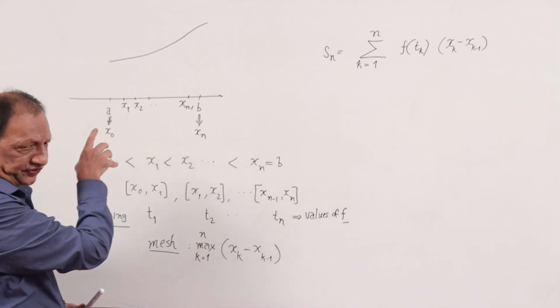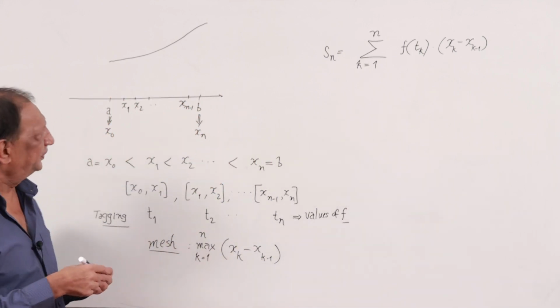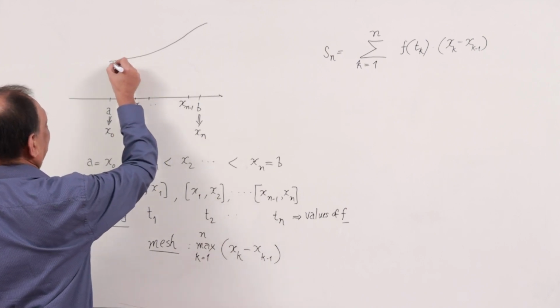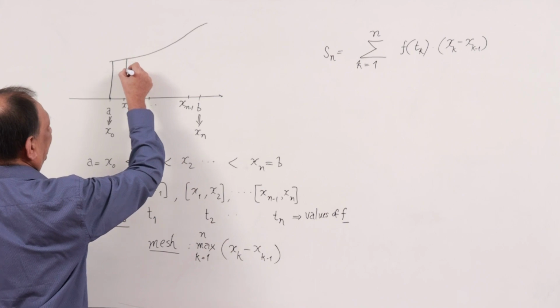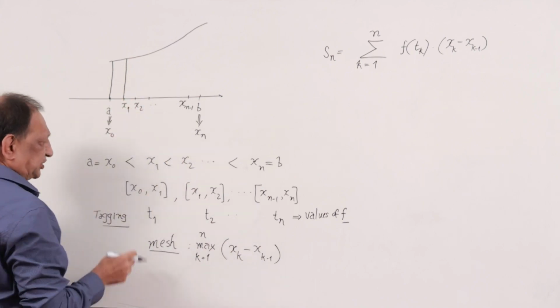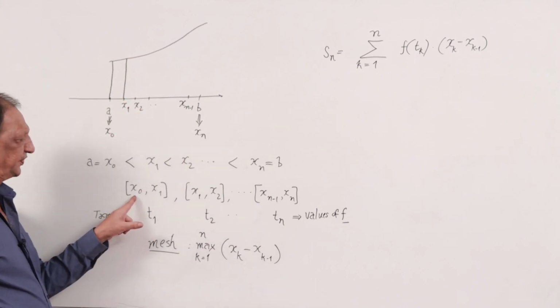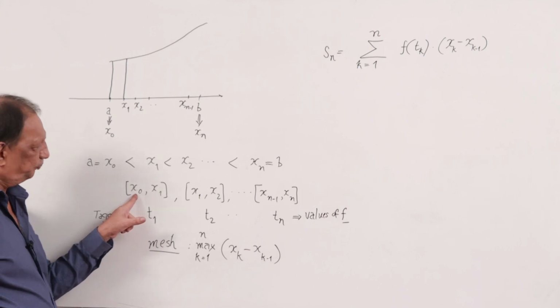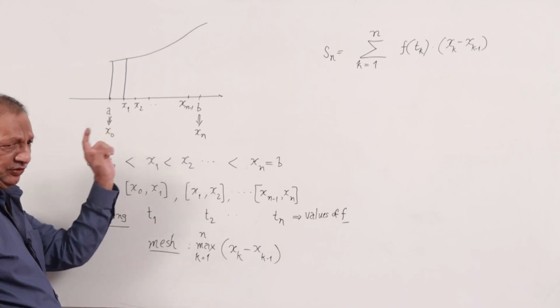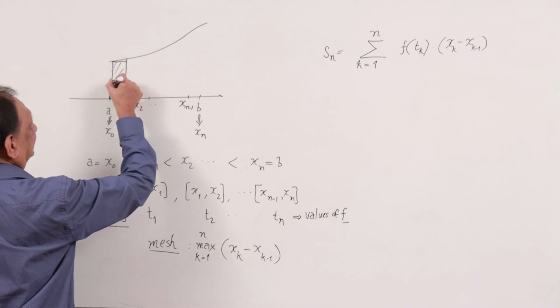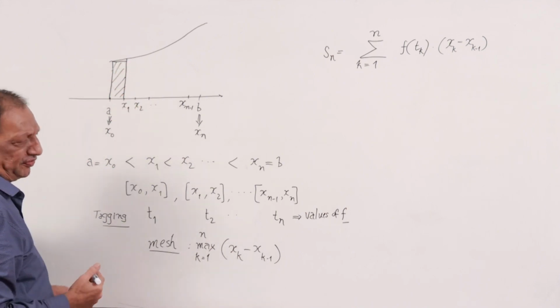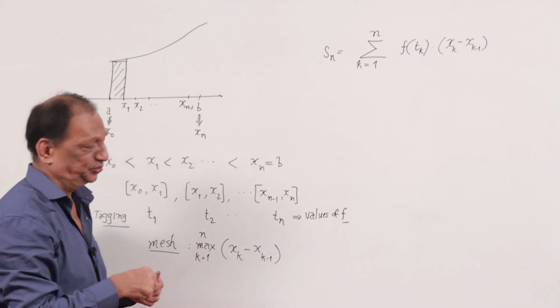Now, if you look at this graph, you'll understand what we are trying to do. We got these intervals. For each interval, we are selecting a value. Let's assume we just selected the function value at the left side of the interval. That means I want to draw a rectangle here and find the area. What we are trying to do is find the area under the curve, really speaking.